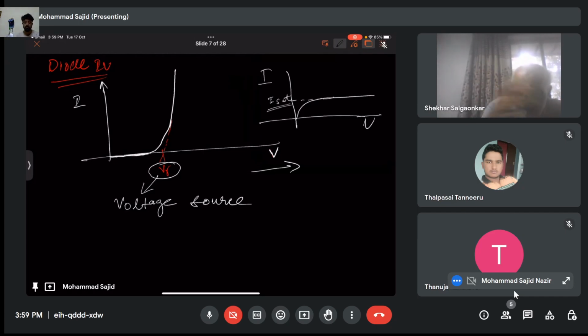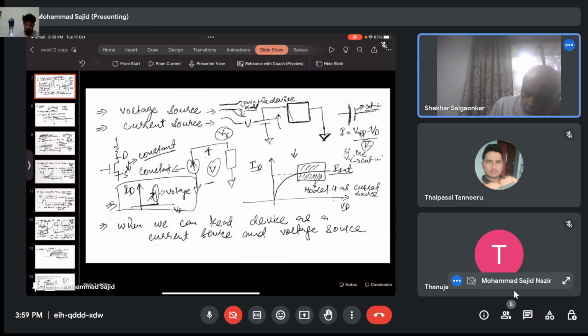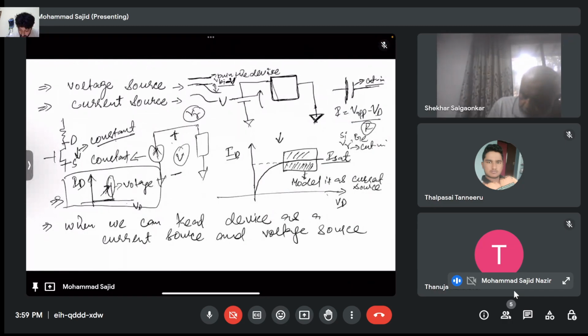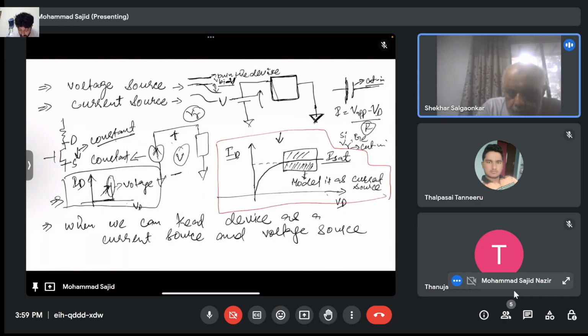Okay, so this is the definition. You see from this slide as well, we have this saturation current. We model it as a current source. I hope the definition for voltage source and current source is clear.